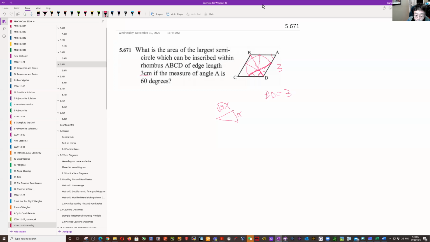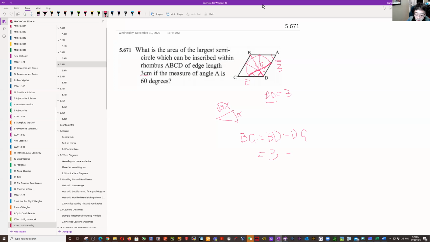So what's left? If I do it this way, let's say A, B, C, D, and this is E, F, and G. Then BG is going to be BD minus DG, which equals 3 minus DG.